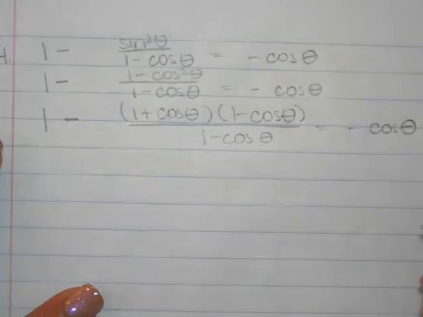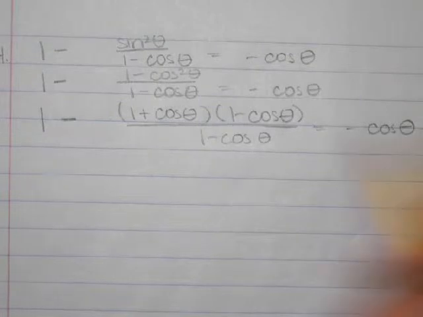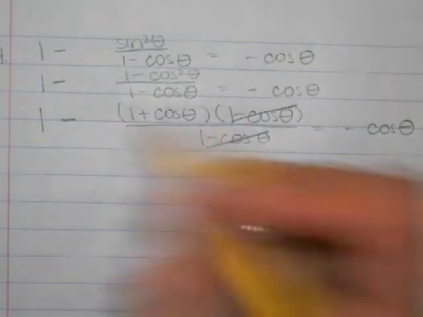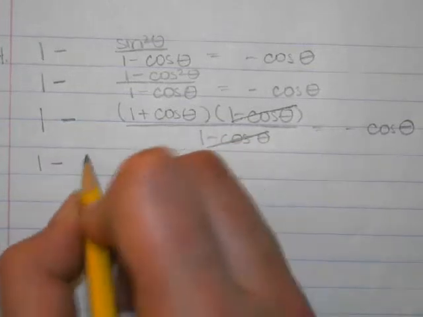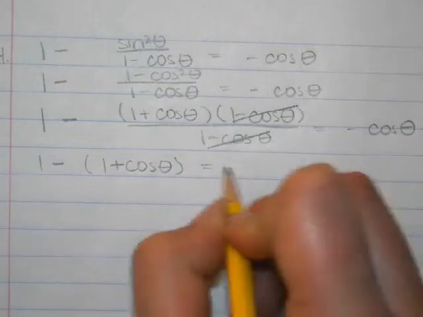Once you have the top factored, what happens? Yeah, the 1 minus cos completely cancels. So we are left with 1 minus the parentheses equals negative cos.